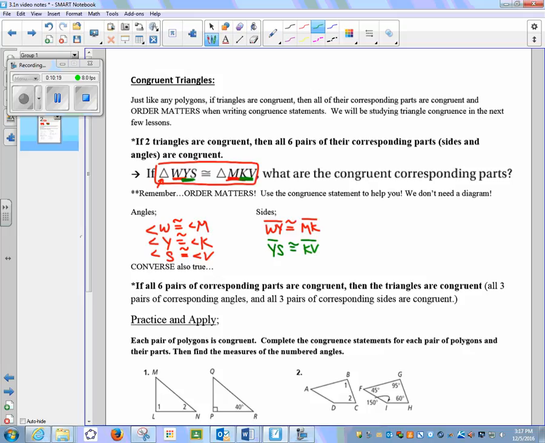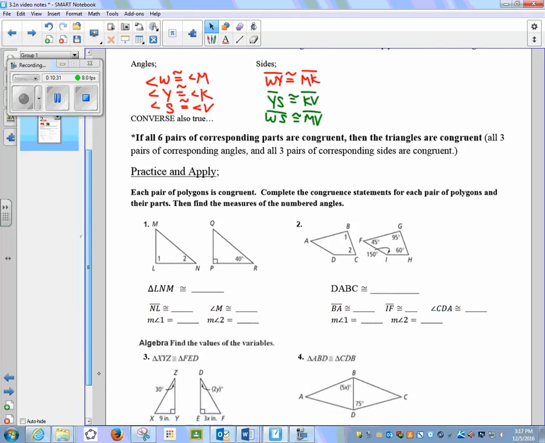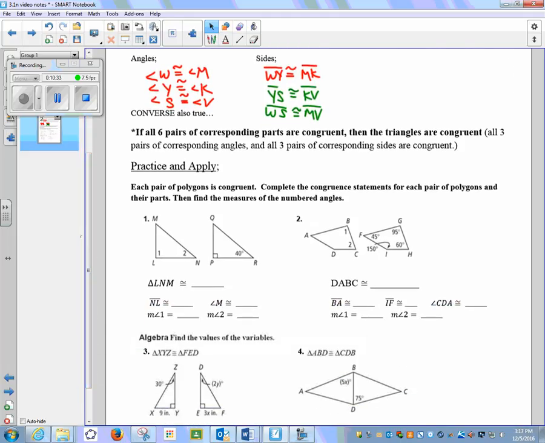And then first to last, WS congruent to MV. And again, you could have done SW to VM. All right, good. Now, if we're talking about triangles, we're talking about three pairs of congruent angles and three pairs of congruent sides. So there's really six pairs of corresponding parts.